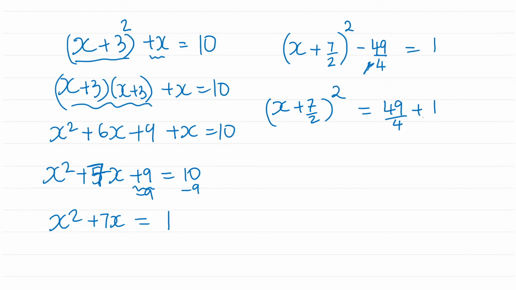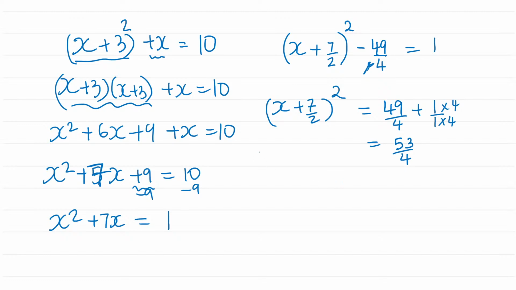So we need to add them. You must have the same denominator. So if we put this as 1 over 1, we're going to have times 4 here and times 4 there. So we now add the two. On this side, you'll have 49 plus 4 is 53. So that's going to be 53 over 4.